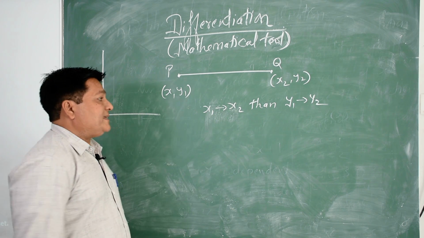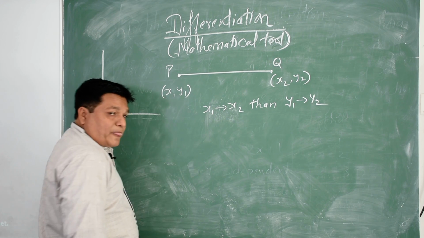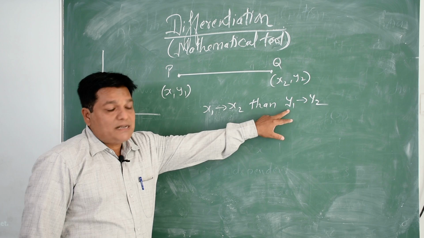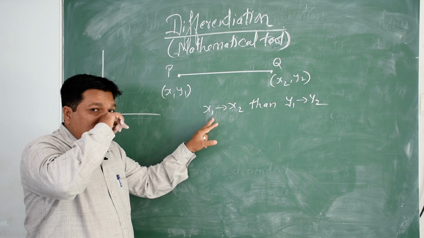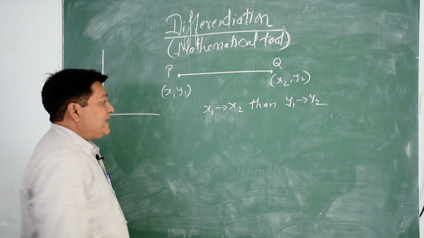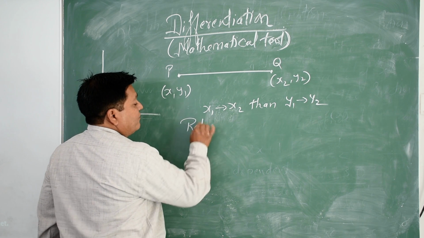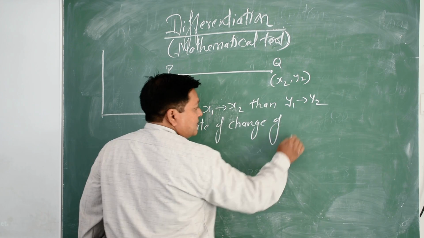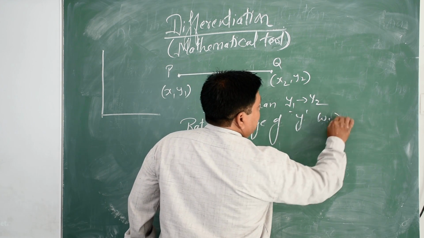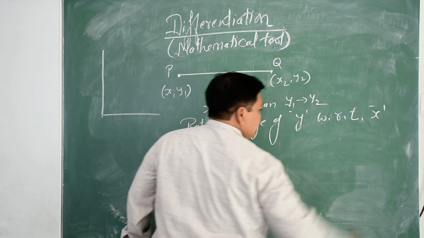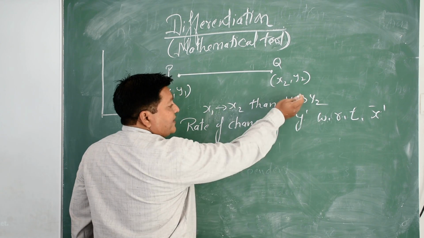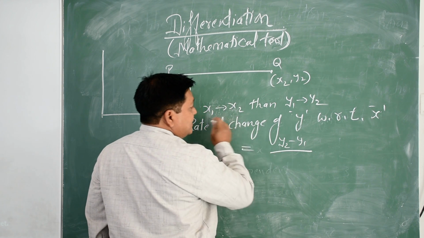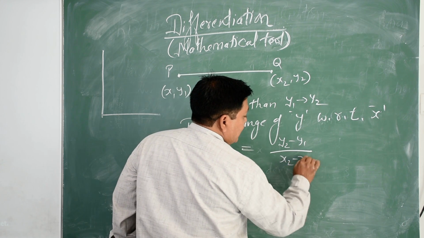It means that we can say the rate of change of quantity y of a particle depends on the change in quantity x. So we can call it the rate of change of y with respect to x, and we can write the difference in quantity y, that is y2 minus y1, upon the difference in quantity x, that is x2 minus x1.